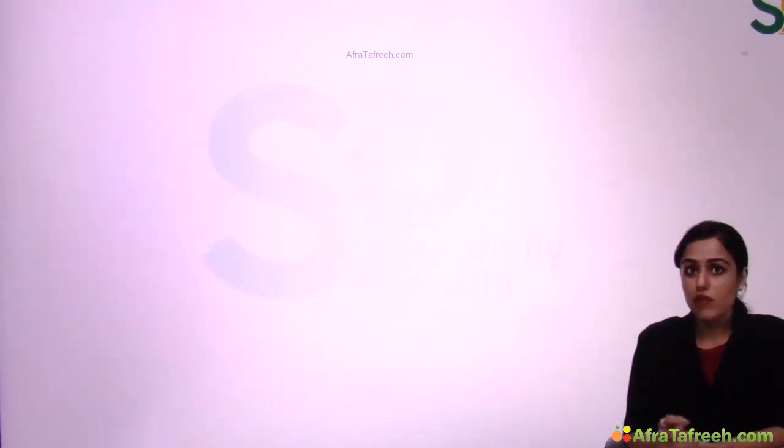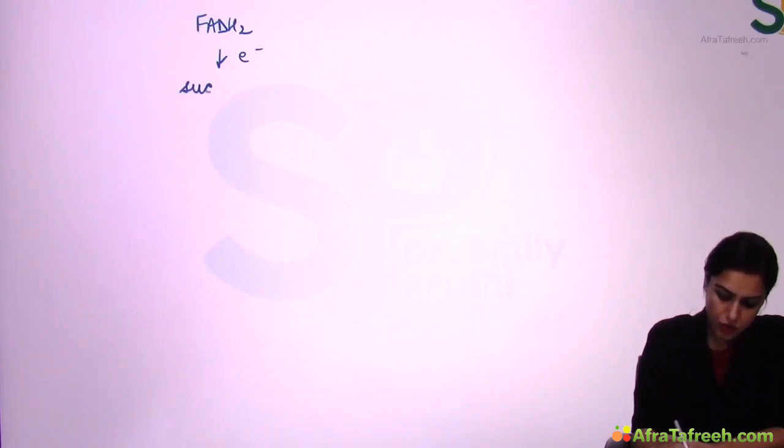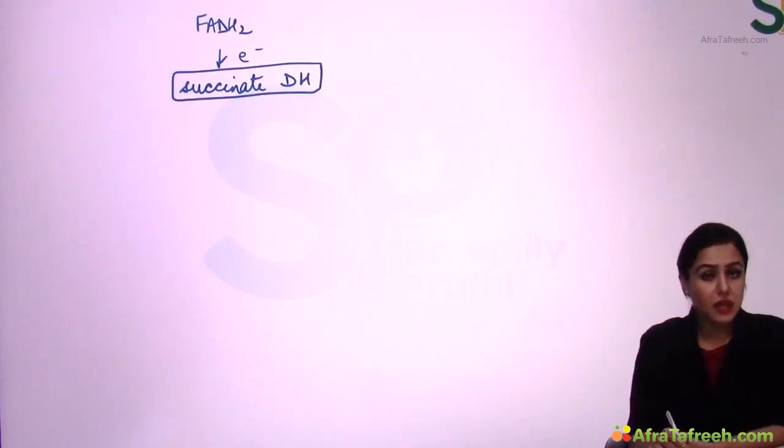Now, we have done when ETC is starting from NADH. But you also know that ETC can start from FADH2 also, giving 1.5 ATPs. So let's see how that route will occur. When ETC starts from FADH2, then electrons are given to succinate dehydrogenase. Succinate dehydrogenase is an enzyme. I told you it is involved in TCA cycle also and it is involved in ETC also, right?